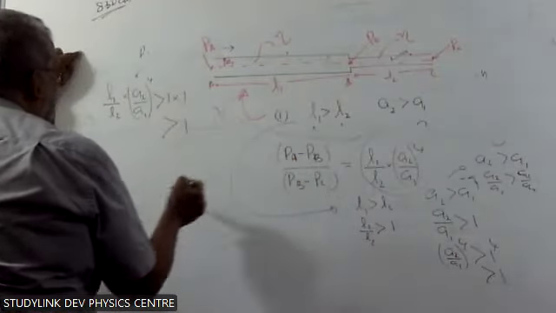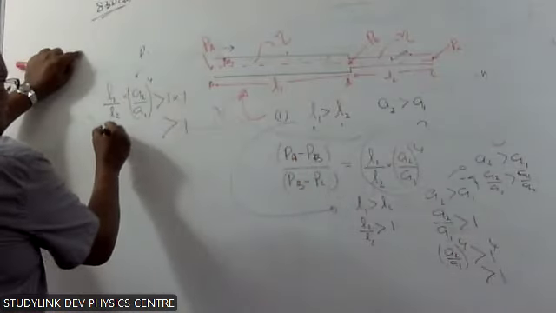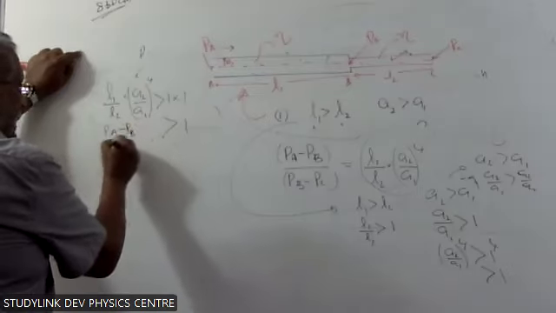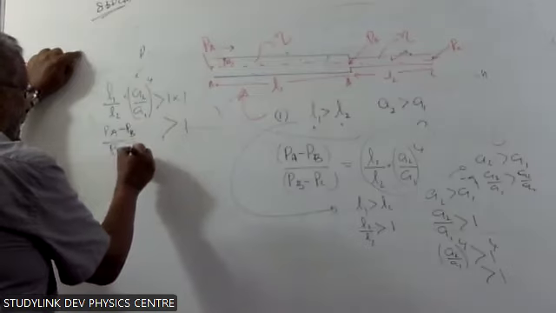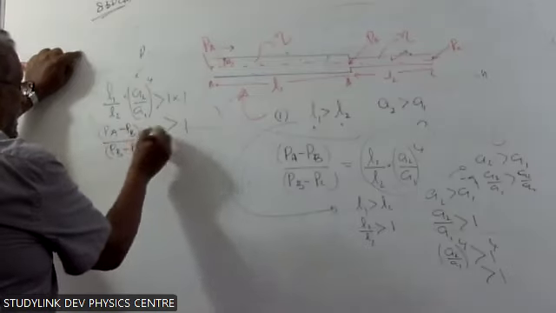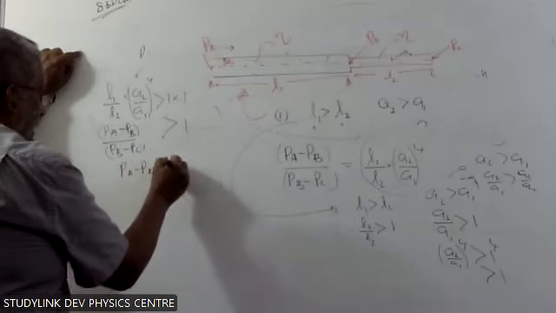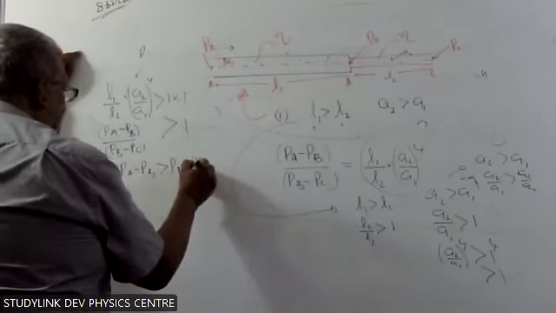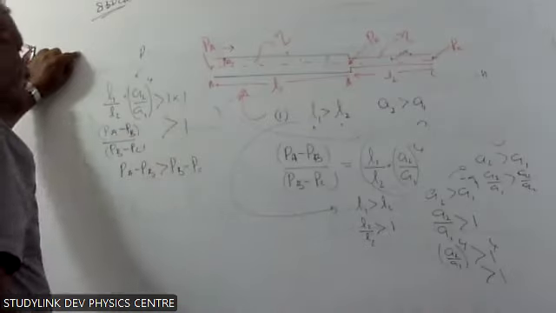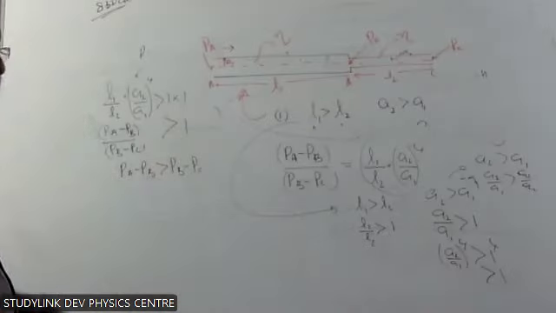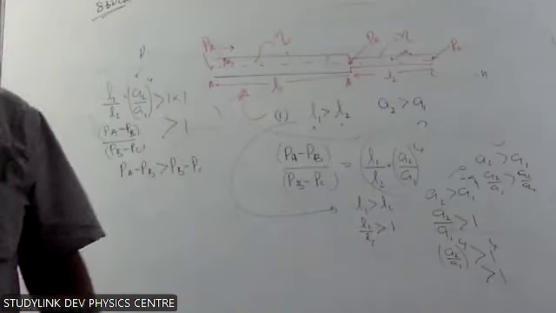This is equal to (PA minus PB) divided by (PB minus PC). Therefore PA minus PB is greater than PB minus PC. Right, up to this. Then after that, I'll draw and show you.